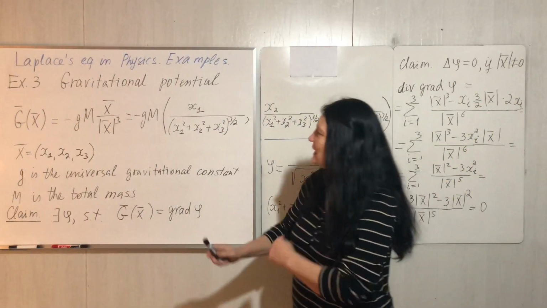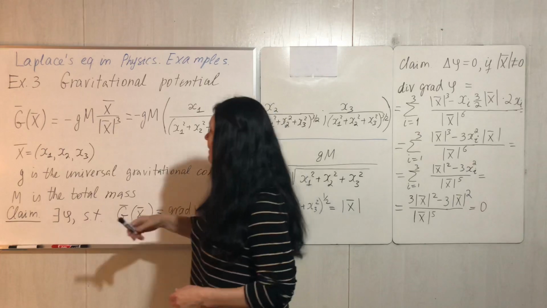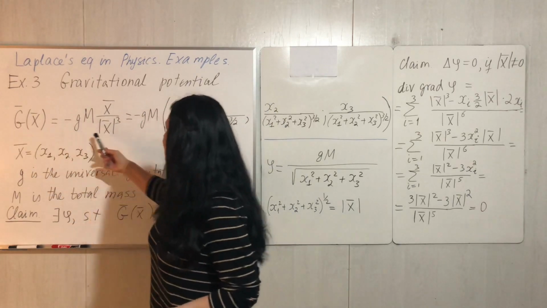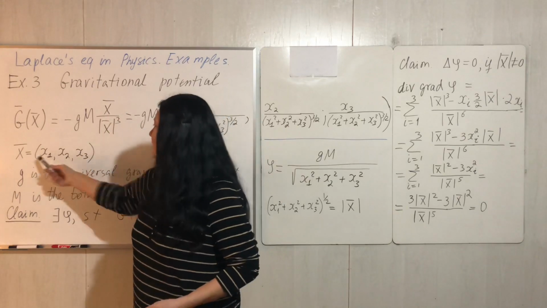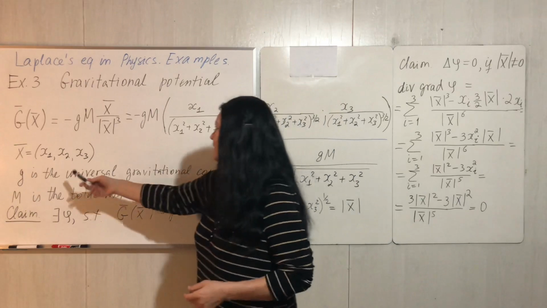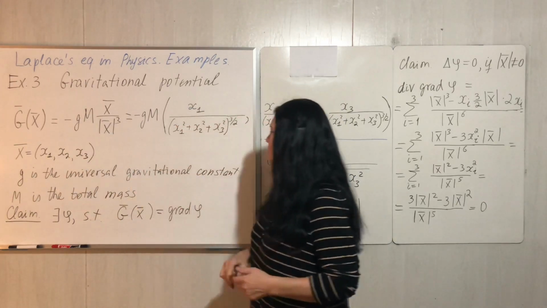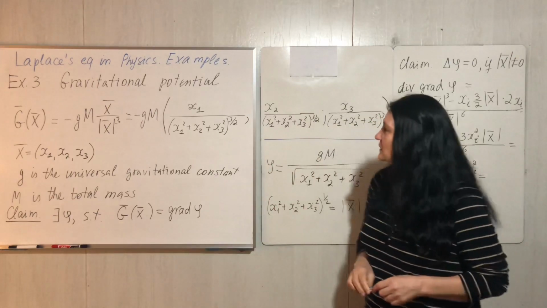Let's consider an example related to the gravitational field. A gravitational field is given by this formula, where x is the vector of our coordinates, small g is the universal gravitational constant, and m is the total mass that generates this field.